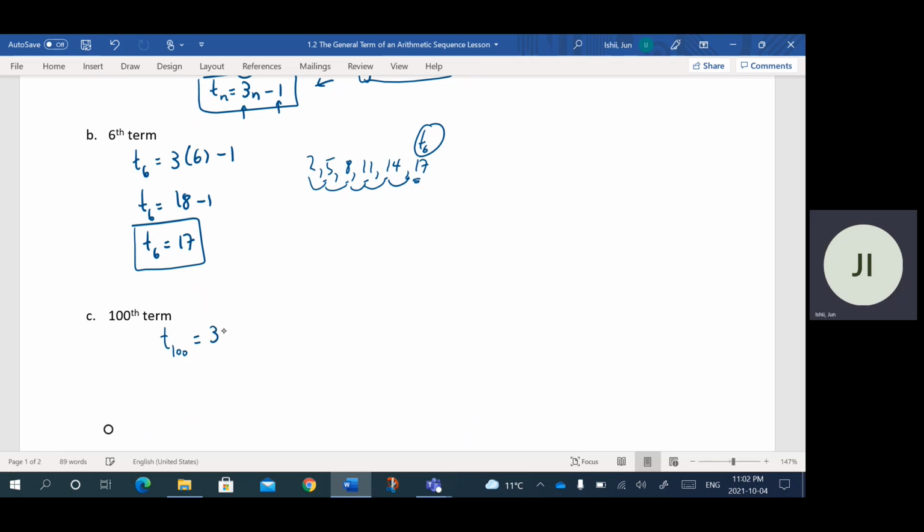I'm going to plug in 100 for n. This makes it a lot quicker. So 3 times 100 is 300 minus 1. The 100th term in this sequence is 299. I'm not going to confirm this by writing out 100 terms, but it will be 299.